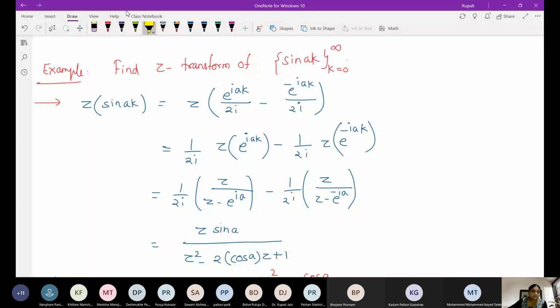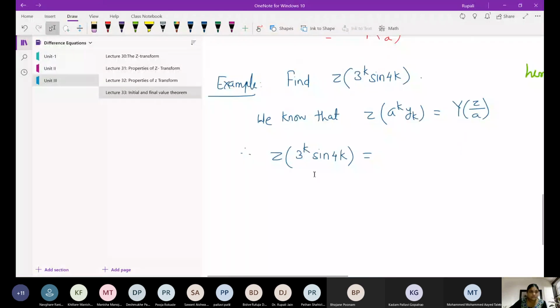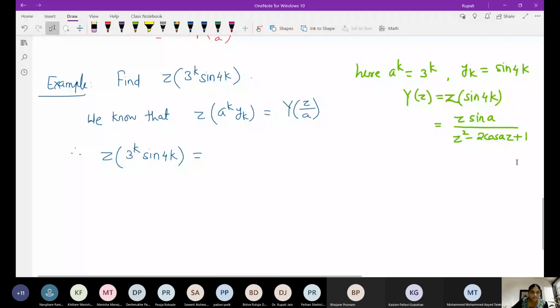So using this, z square minus 2 cos a z plus 1, and this I can write in bracket. Is it right? So this is my Y(z).